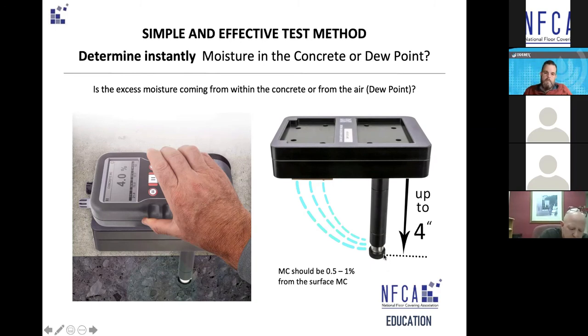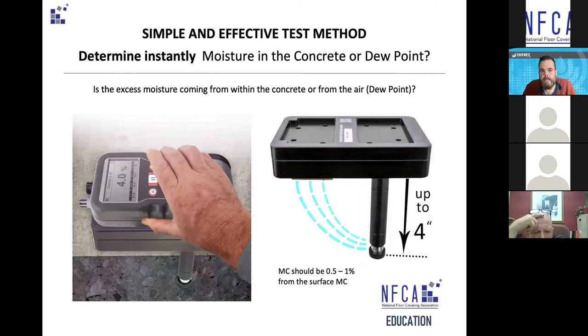What's interesting is, the way this works is you push the meter on top of this box and it links up, and it sends a signal from the bottom to the top. It's so simple, but what it does is it tells you, like you said earlier on, Chris, if you've got a moisture issue, the two major sources of the moisture are the air or the concrete.